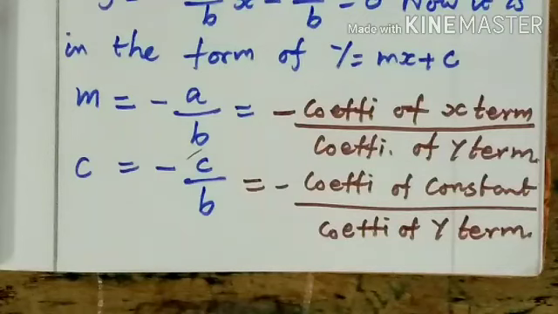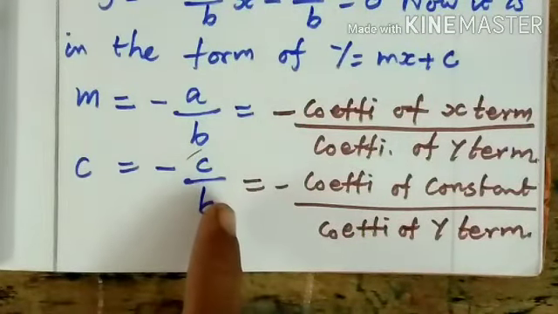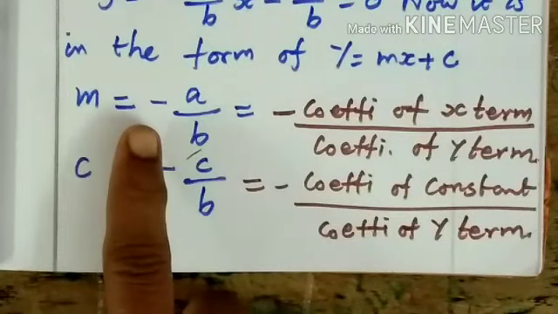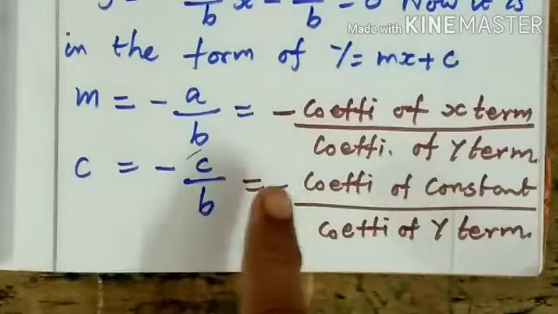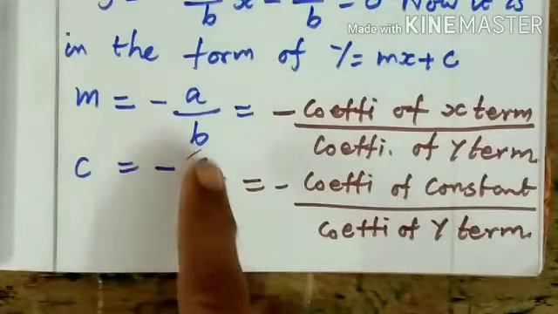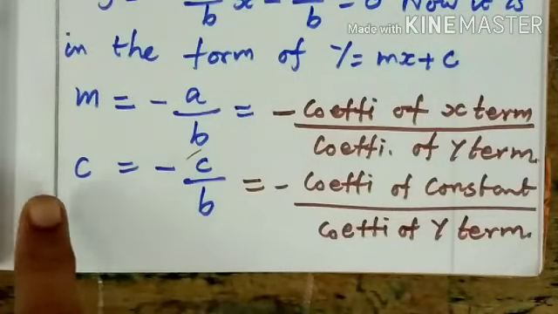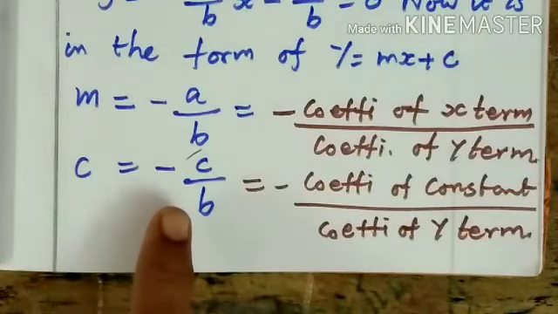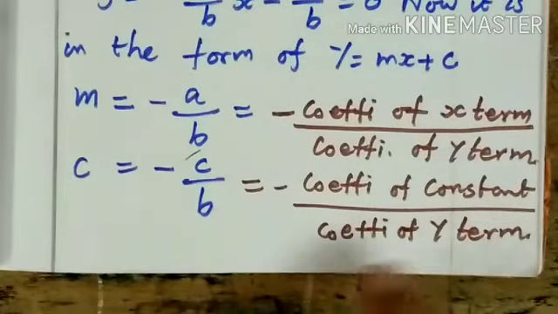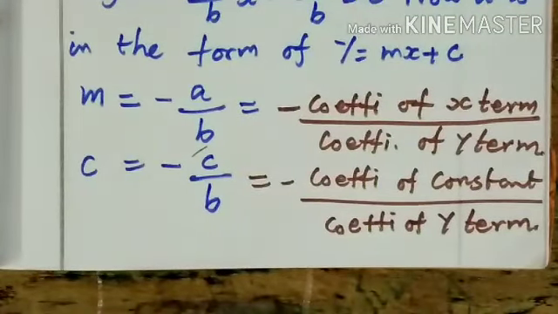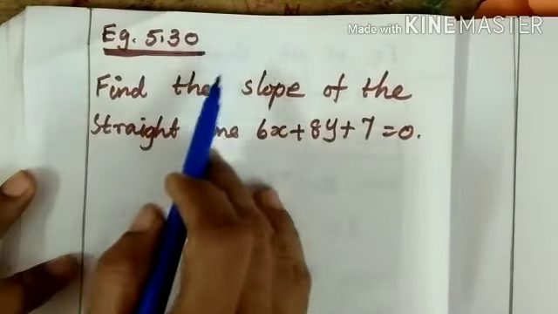This is the formula when the equation of the straight line is given in the question: the slope m is equal to minus coefficient of x term by coefficient of y term, that is minus a by b. Then the y-intercept c is equal to minus c by b, that is minus coefficient of constant term by coefficient of y term.